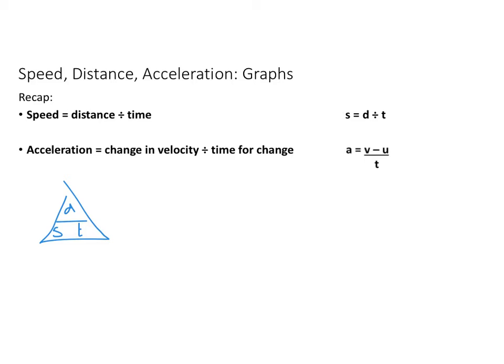A little bit more difficult for acceleration, so we've got v minus u, our change in velocity, and then we've got acceleration and time. We can pop that in a triangle as well. Obviously you're not given the triangles, it may add a little bit of confusion. It may be that you're better off not using the triangle.